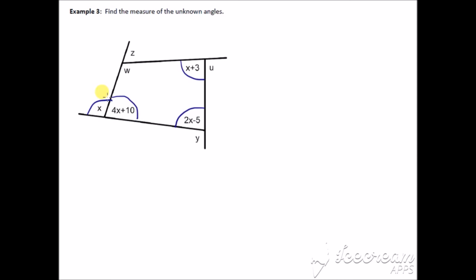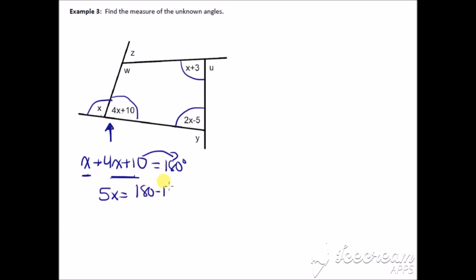So where I would start here is we know that these two angles add up to 180. So we know X plus 4X plus 10. We have angle X, and then we have angle 4X plus 10. These are going to add up to 180 because these are supplementary angles. So we have 5X equals, let's bring that 10 over, 180 minus 10.